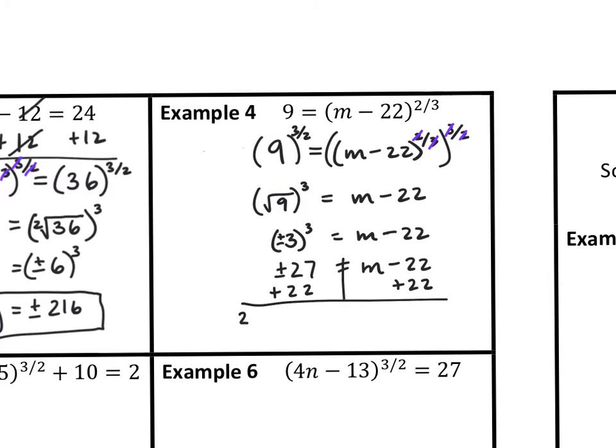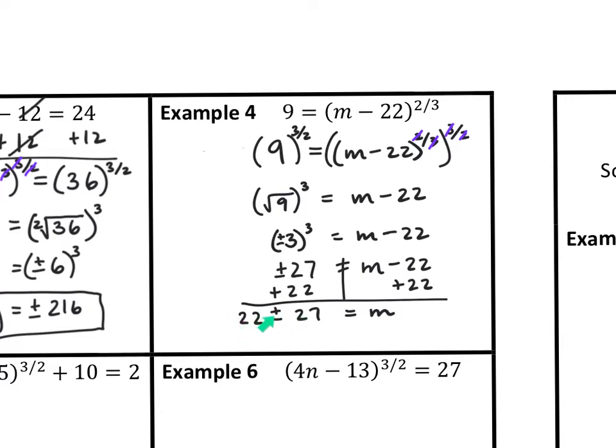So it's going to be 22 plus and minus 27. What we have to do is solve two problems. We have to figure out what's 22 plus 27.